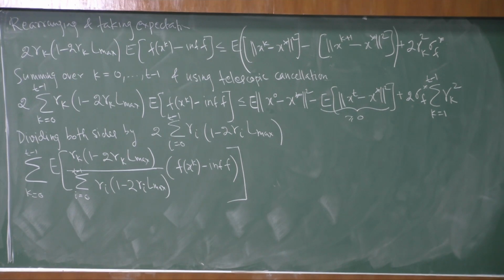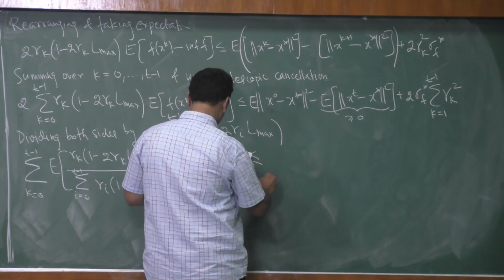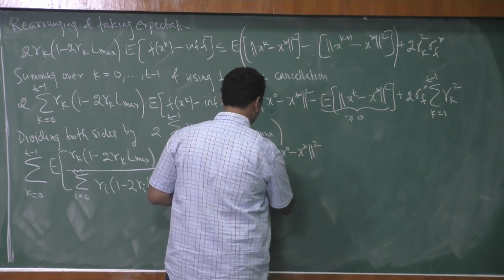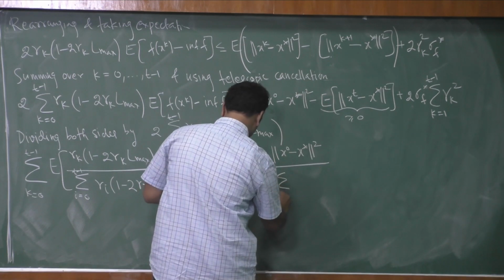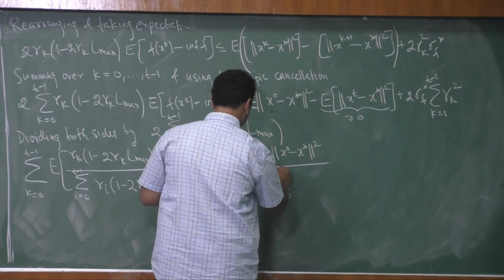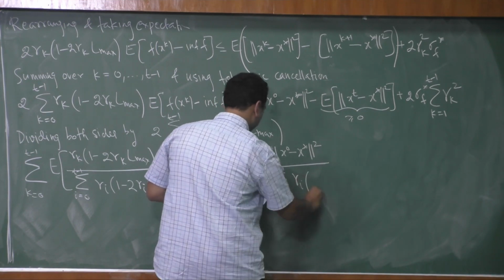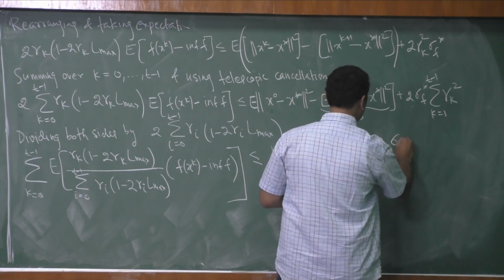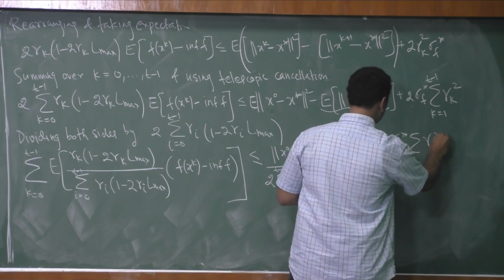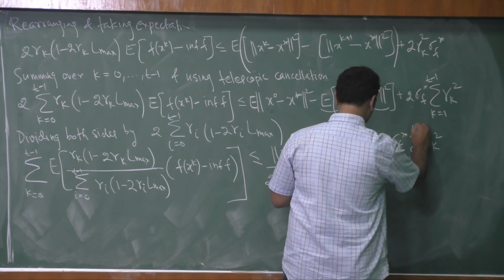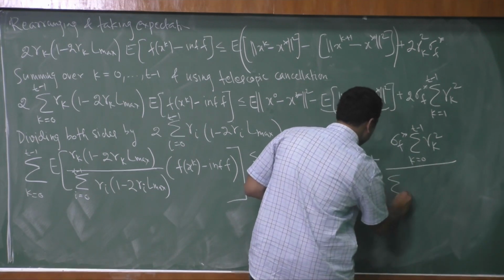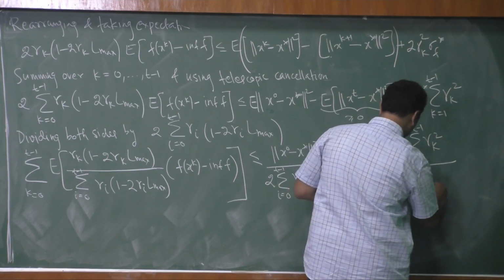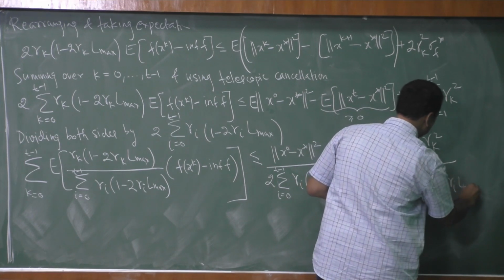And then let us see the right hand side. So this is less than or equal to norm of x0 minus x star whole square divided by 2 times the sum of i equals 0 to t minus 1 of gamma i times 1 minus 2 gamma i L max, plus sigma f star times the sum of gamma k square, k equals 0 to t minus 1, divided by the sum of i equals 0 to t minus 1 of gamma i times 1 minus 2 gamma i L max.